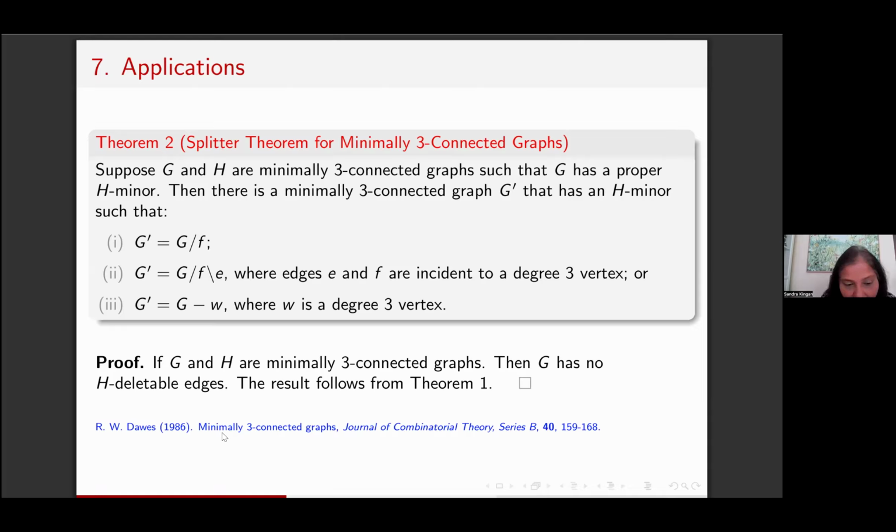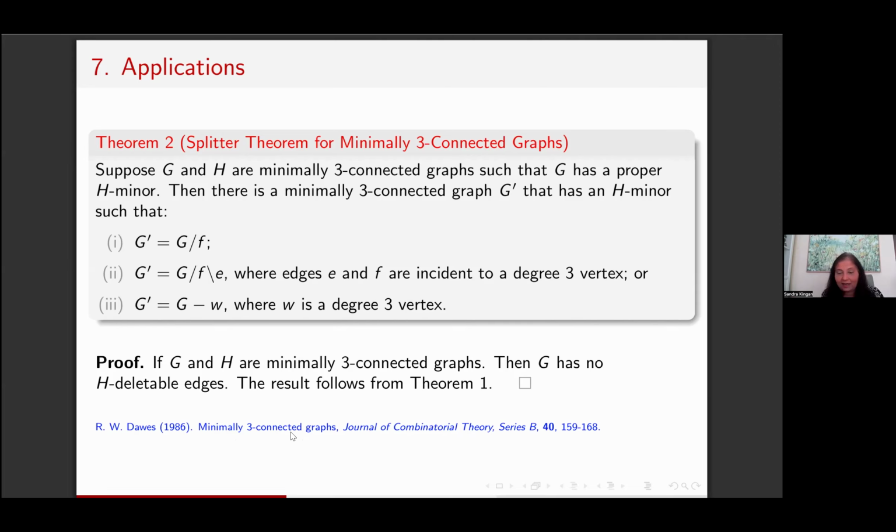And what I have here is a little note to myself to bring up Dawes' theorem. So Dawes gave an if and only if condition for minimally 3-connected graphs, and he didn't do it in terms of deletions and contractions.